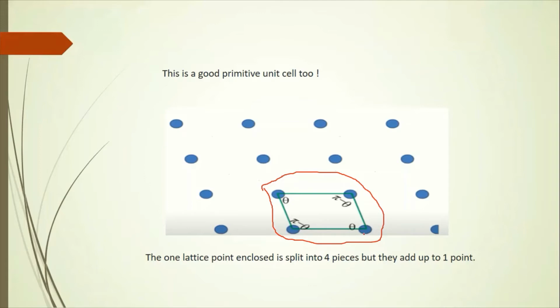What I did was shift it a bit and place it in such a way that the lattice points are in the corners, and this is actually a valid primitive unit cell.